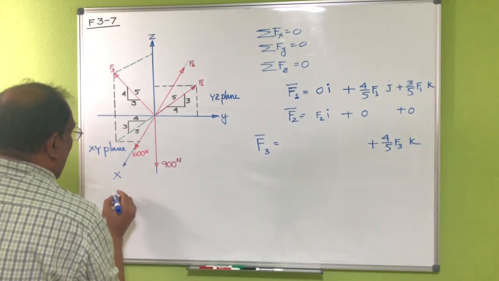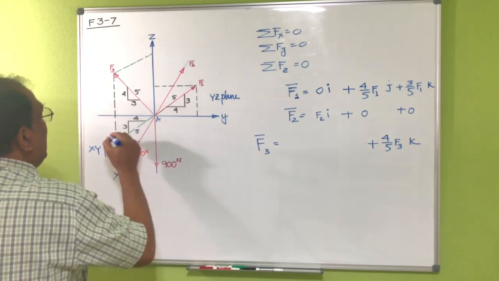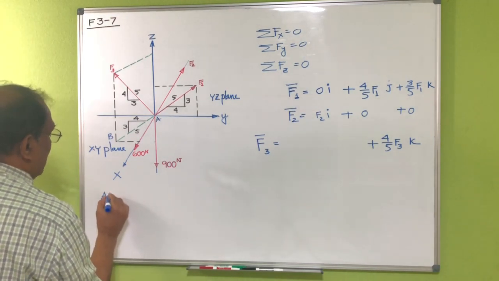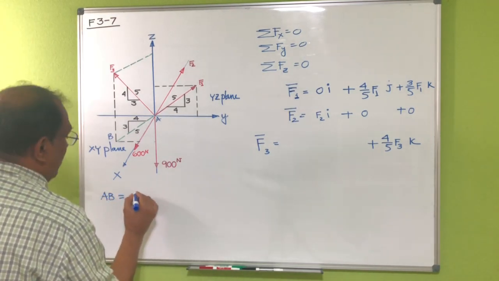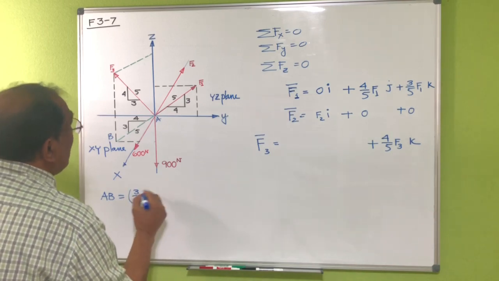Let's call this green line AB. So AB is 3/5 of F3.